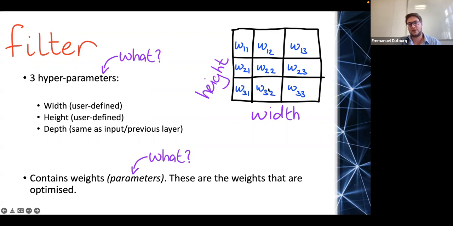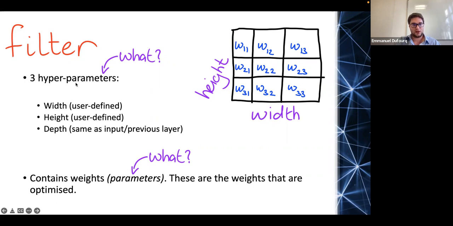There are 9 weights. And these are the values that are initially randomly initialized. And we want to optimize these values such that the CNN will produce interesting visual features, which can in turn be used for classification.